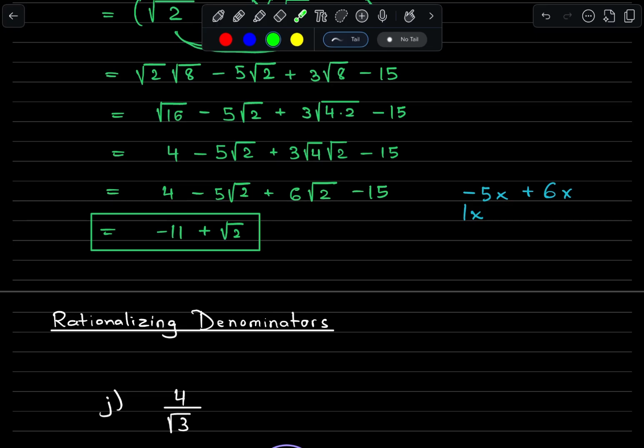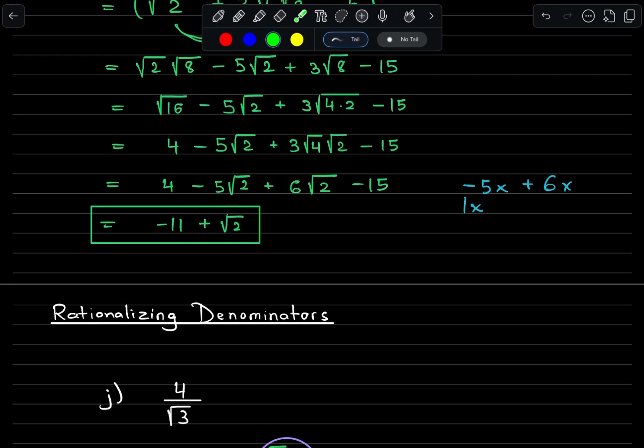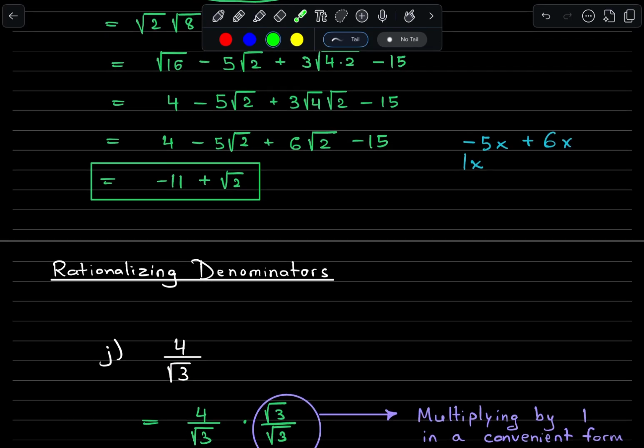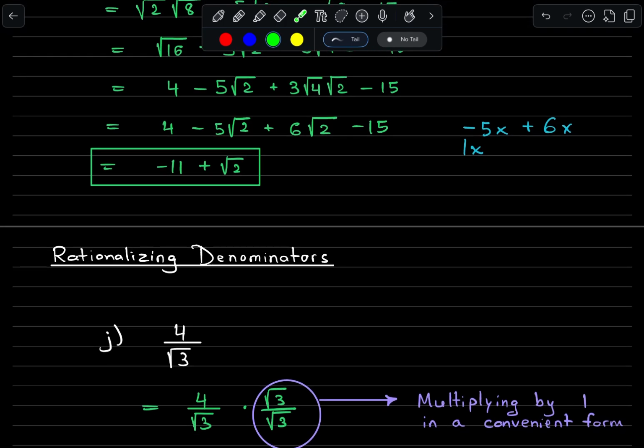That's not considered good form in math. Okay? And it makes it difficult to work with, right? If we want to do some operations, we want to find the least common denominator or something like that, these radicals are difficult to work with. So we prefer to put them in a more convenient form, something with a nice whole number or integer in the bottom. Okay?